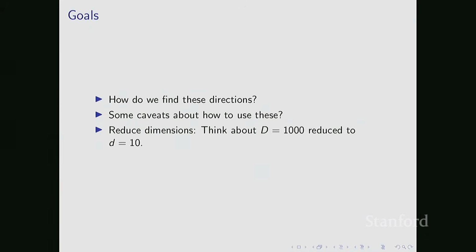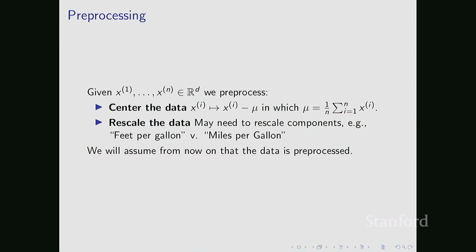All right. Now, one other bit of pre-processing is this kind of rescaling behavior that we have. And I'll illustrate it here because I want to give you caveats that are useful to you when you use this. So the other pre-processing we will typically do is rescale the data. So if we have x1 to xn that are in R^d, we first center the data, so we remove the mean. And then second, we rescale the data, so that if we had things like feet per gallon or miles per gallon, we actually do it.